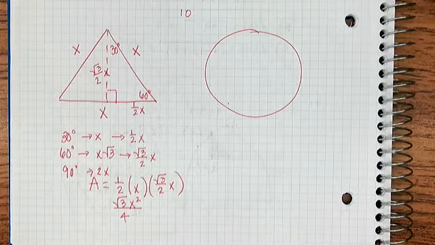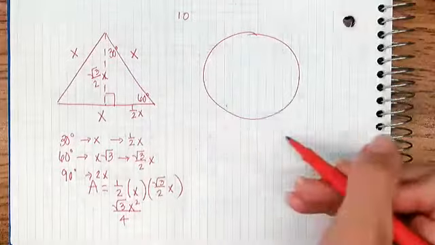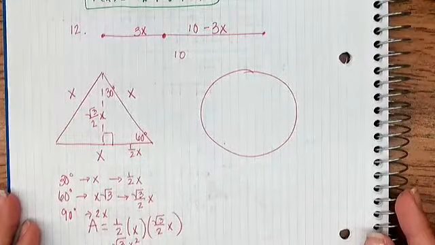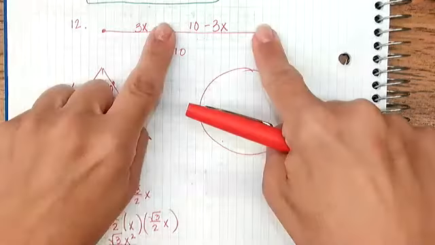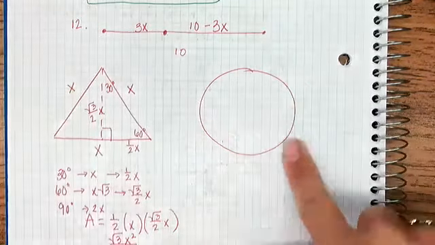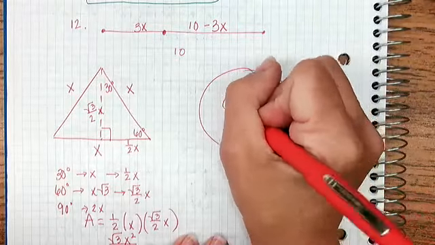All right, the circle. So the length of the circle is 10 minus 3x. So that is the circumference. I'm taking this piece of wire, it's made into a circle. That is the circumference.